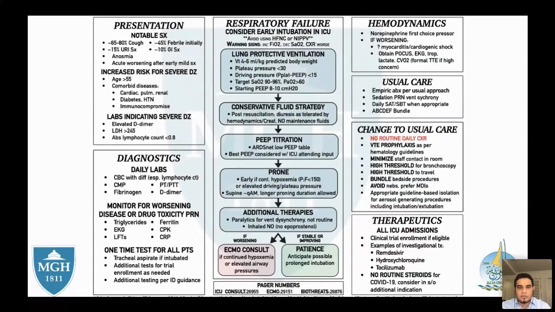Because remember, you're controlling the tidal volume in these patients. So once you put the patient on mechanical ventilation and you set it at 4 to 6 tidal volume, if the patient is on the floor taking these large breaths, they might actually be taking 8 to 9 ml per kilogram predicted body weight, a very high volume.